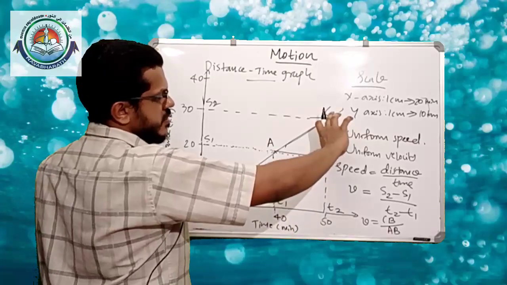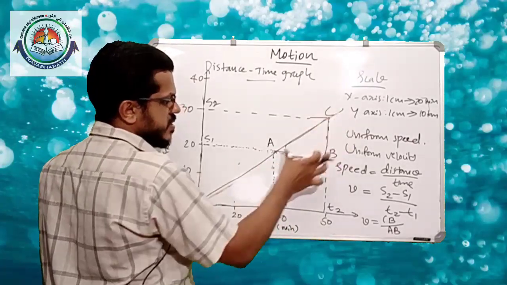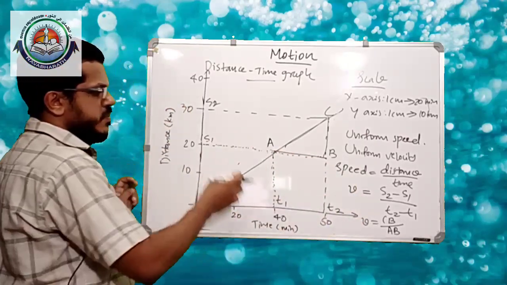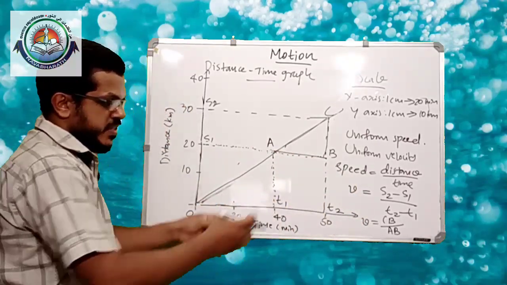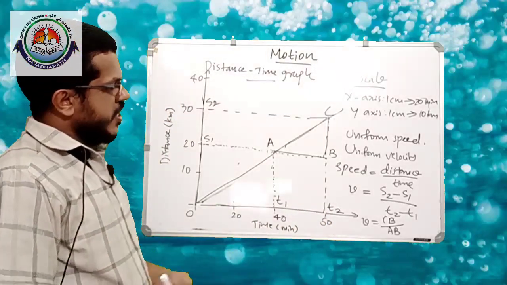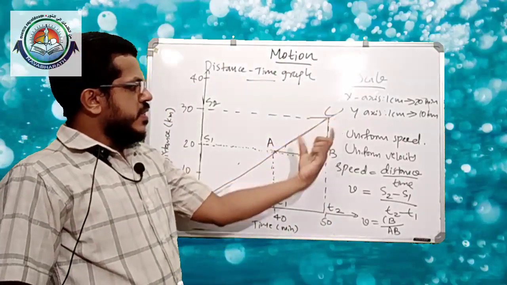If we divide the side of this triangle by the other side, then we get the speed of this object at this particular time interval.